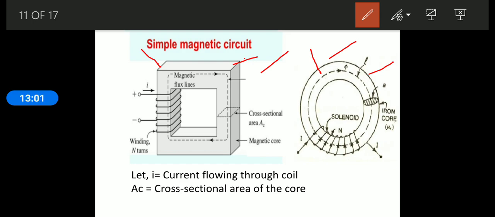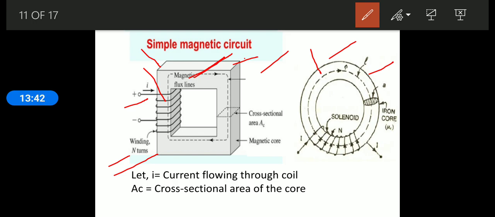Here the magnetic circuit consists of a core. On the core, a coil is wound. The coil has n number of turns. Then when current is flowing through this coil, the magnetic flux is established or produced in the magnetic core.